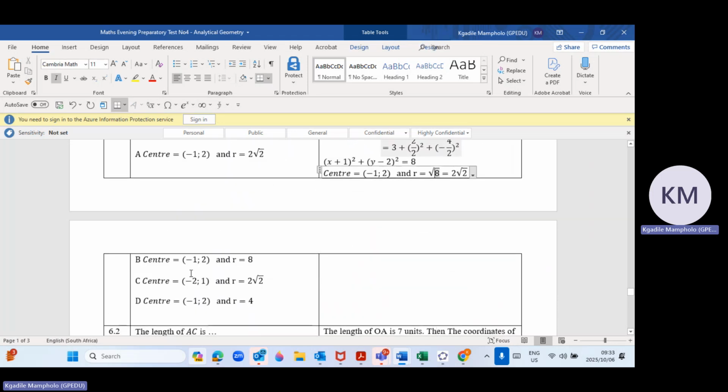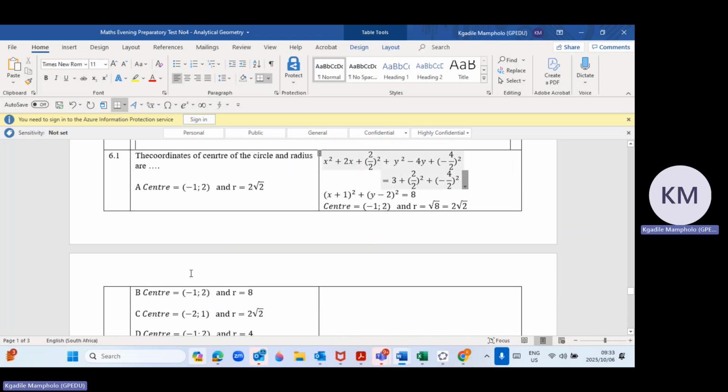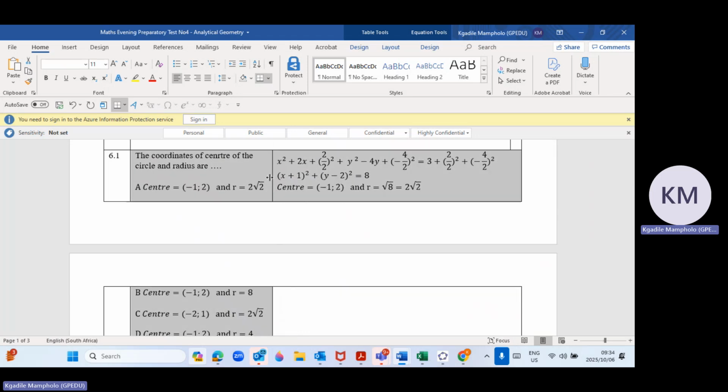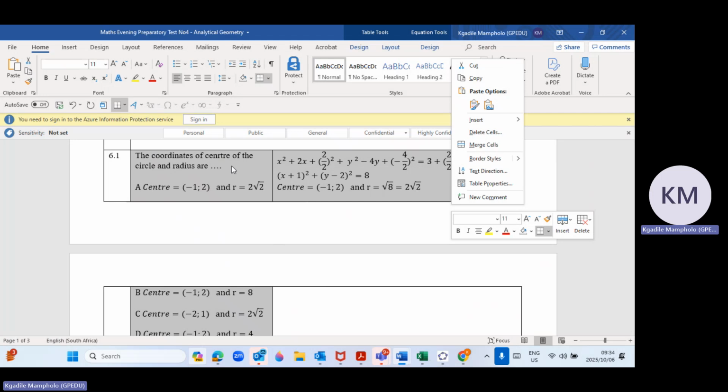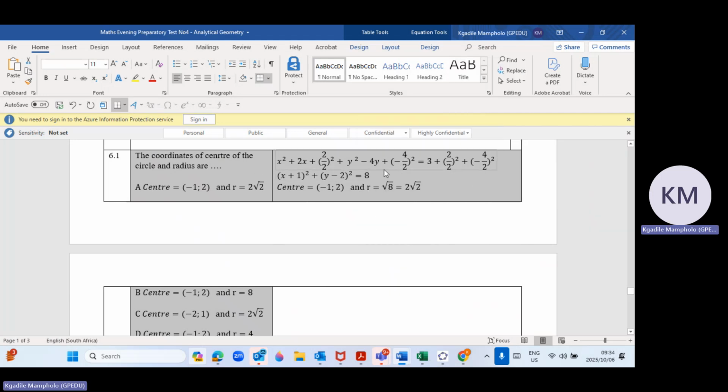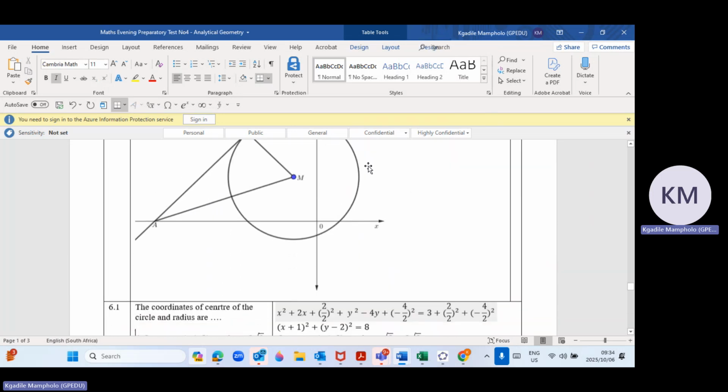Let's look at the first question. Determine the coordinates of the center of the circle and the radius. Completing the square as we did with the previous questions. Now, you complete the square here. We already completed the square.